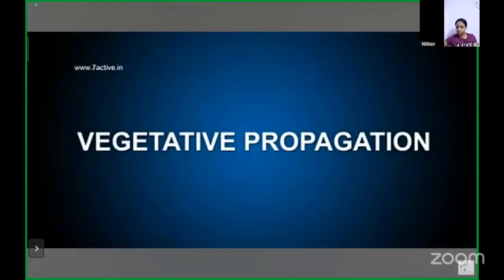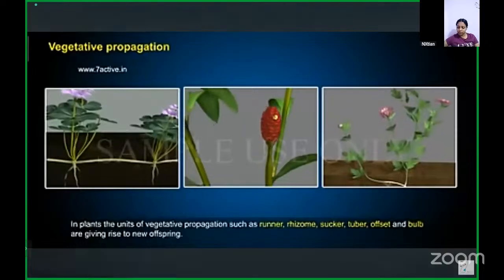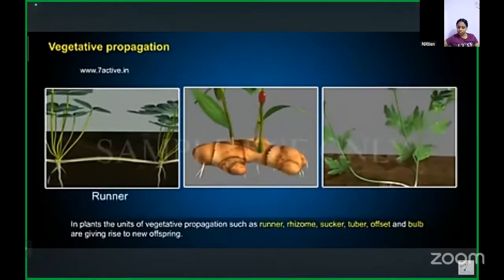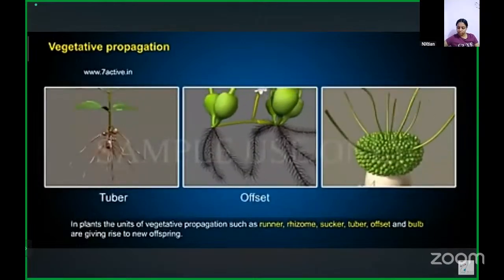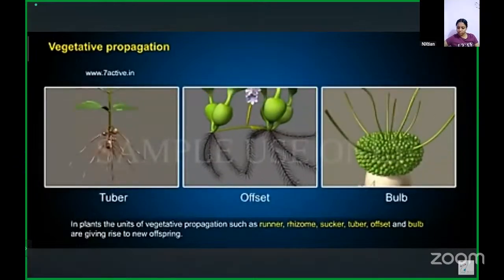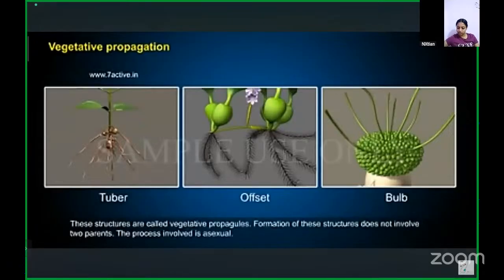Vegetative propagation. In plants, the units of vegetative propagation, such as runner, rhizome, sucker, tuber, offset, and bulb, are giving rise to new offspring. These structures are called vegetative propagules.